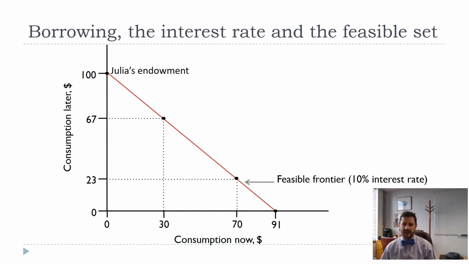We can think of this as the marginal rate of transformation of turning a dollar now into a dollar tomorrow, or vice versa. So there's our feasible set, and the idea is that she doesn't necessarily want to be at this point where she would have $100 in the future and no dollars today, because she wants to consume something today. That makes a certain amount of sense. And so she can, by borrowing, move down her feasible frontier.